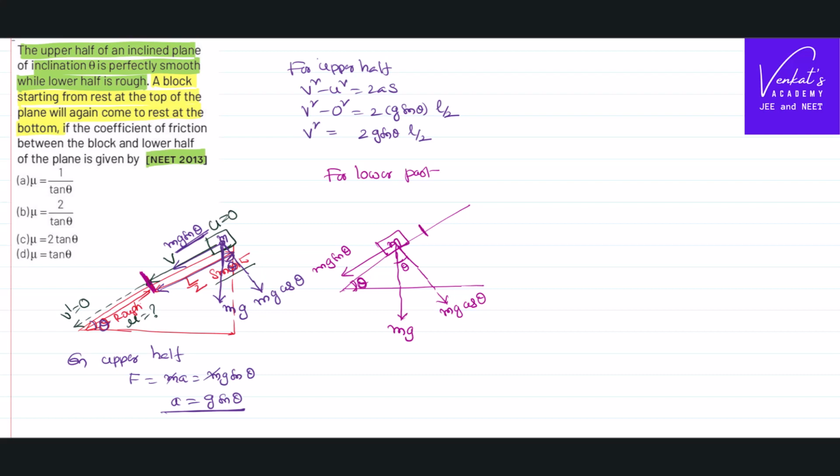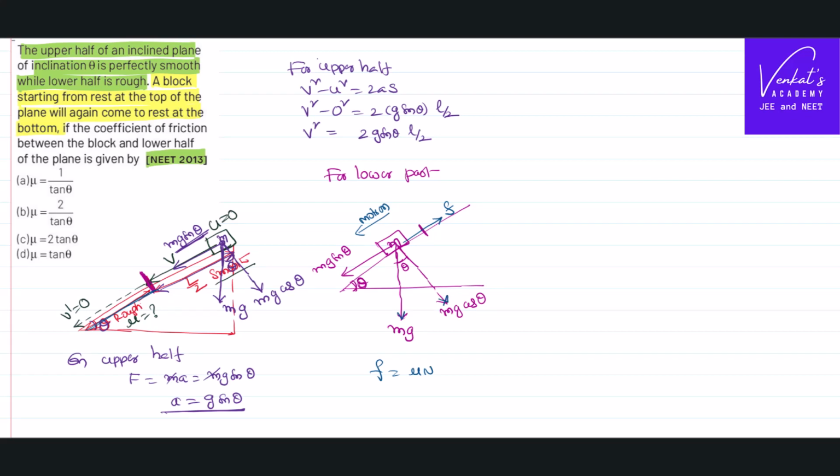But this is not a smooth surface, this is a rough surface, so there is friction. As the motion is in the downward direction, frictional force opposes the relative motion, so it acts opposite to the motion along the inclined plane. How much is that frictional force? Mu into normal reaction. What is the normal reaction?